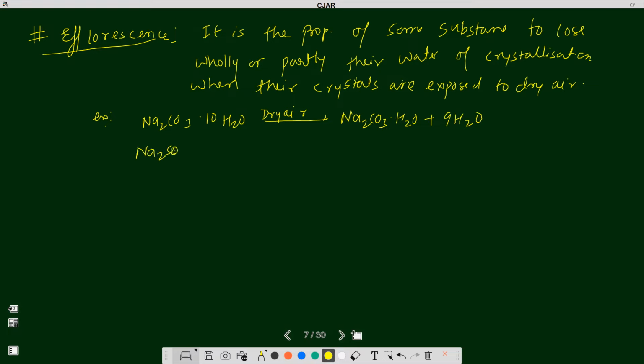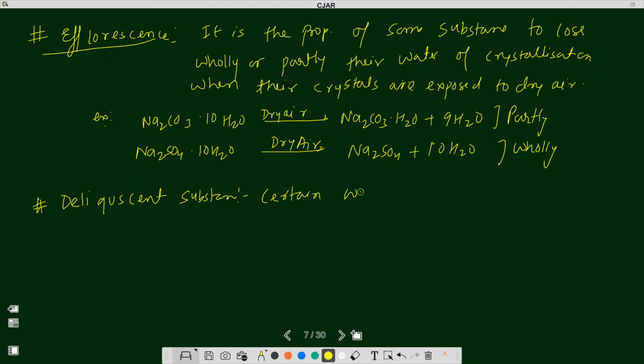Now, another one is deliquescence. Deliquescent substance: certain water soluble substances, when exposed to the atmosphere at ordinary temperature, absorb moisture from the atmosphere.